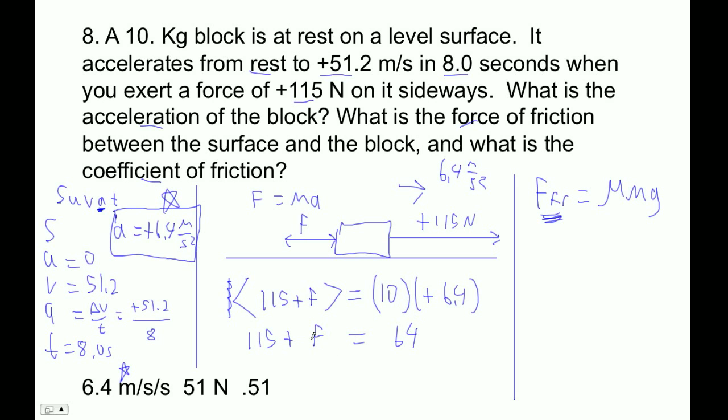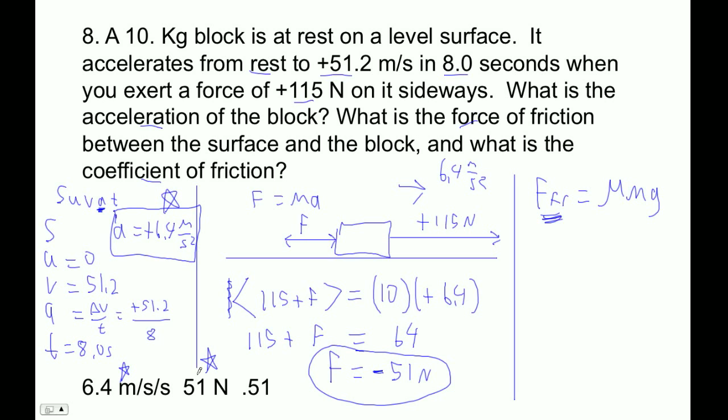I've got to do it with my calculator. 115 minus 64 is negative 51, right? So F is equal to negative 51 newtons. That's our force of friction, right? Okay, so there's our answer.